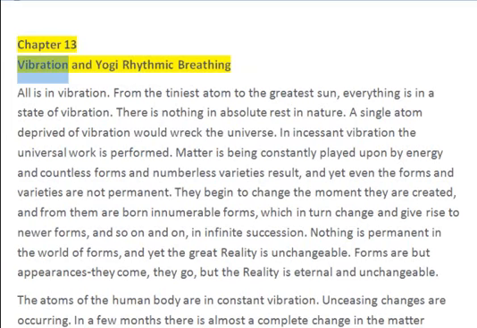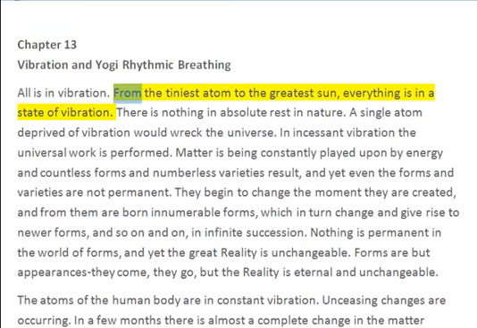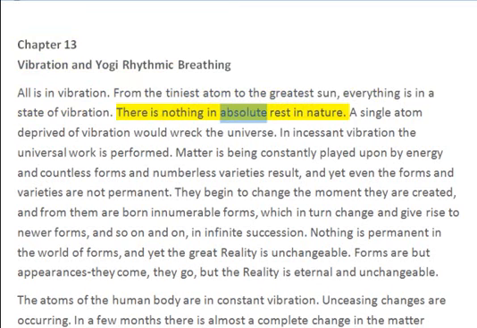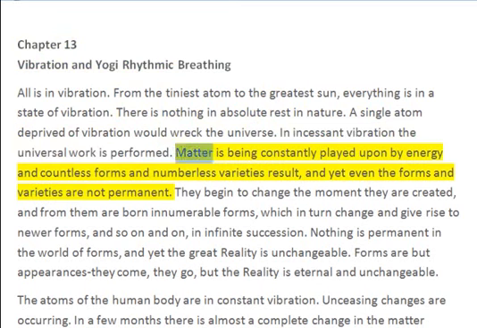Chapter 13. Vibration and Yogi Rhythmic Breathing. All is in vibration. From the tiniest atom to the greatest sun, everything is in a state of vibration. There is nothing in absolute rest in nature. A single atom deprived of vibration would wreck the universe. In incessant vibration the universal work is performed. Matter is being constantly played upon by energy, and countless forms and numberless varieties result, and yet even the forms and varieties are not permanent.